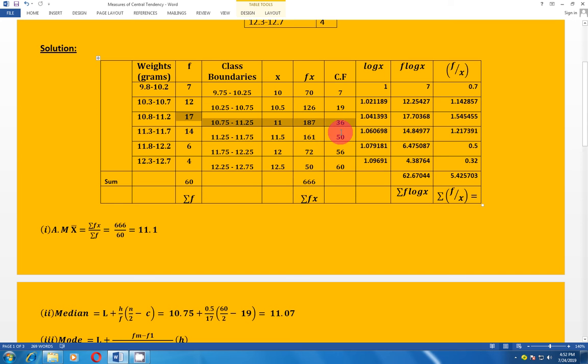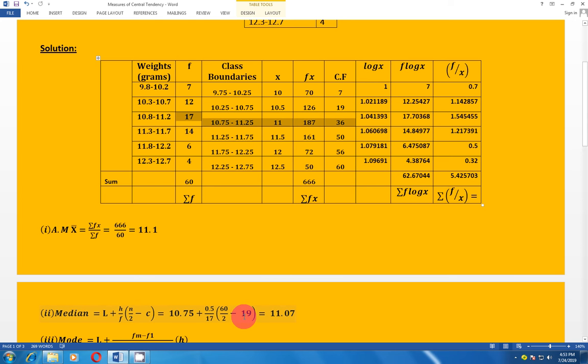which is present before the selected cumulative frequency for the model class. So one prior value is 19, so we take here 19.